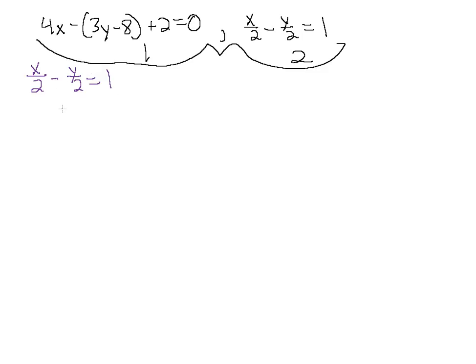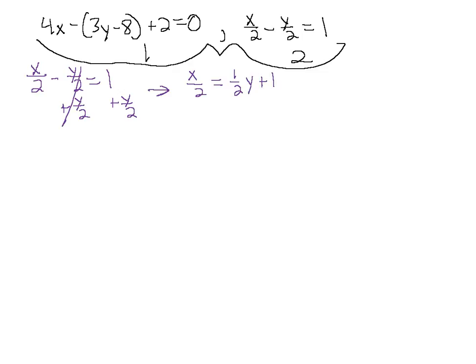We want to move this to the other side, so let's go ahead and add y over 2 to both sides. These two terms will cancel, so we have x over 2 equals, let's put our variable out front and separate it, 1/2 y plus 1.